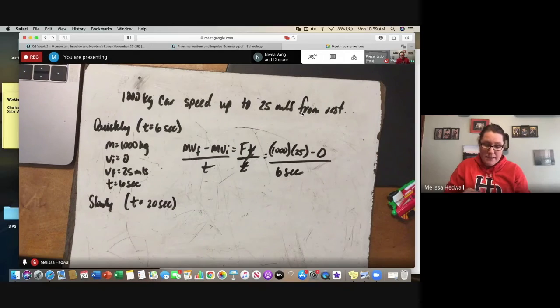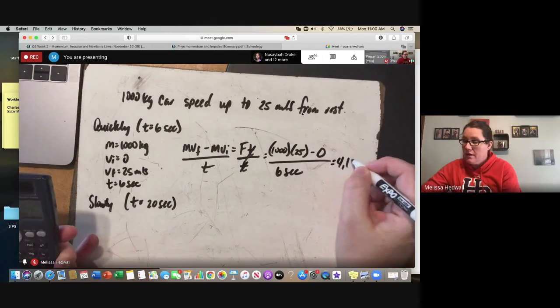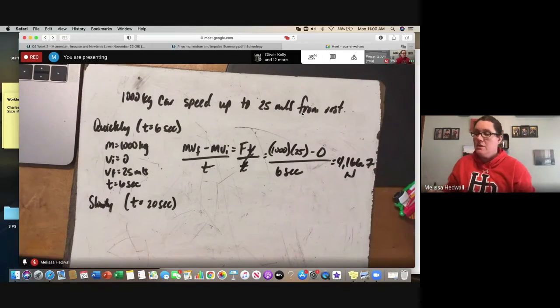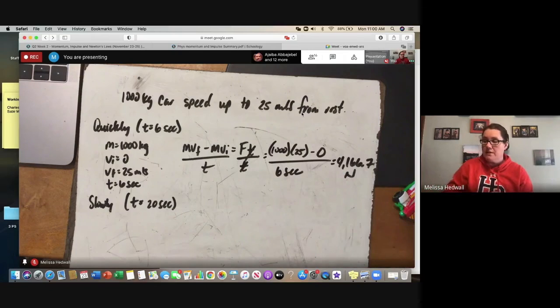Divided by 6 gives us 4,166.7 newtons. So in order for that car to speed up over 6 seconds from 0 to 25 meters per second, it takes this force here, 4,166.7 newtons.